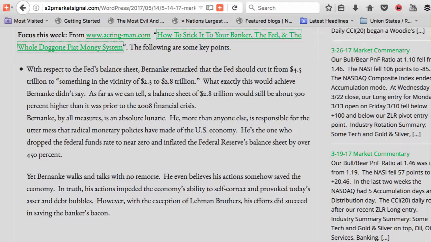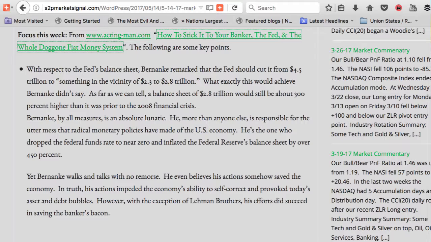As far as we can tell, a balance sheet of $2.8 trillion would still be about 300% higher than it was prior to the 2008 financial crisis. Bernanke, by all measures, is an absolute lunatic. He, more than anyone else, is responsible for the utter mess that radical monetary policies have made of the U.S. economy.